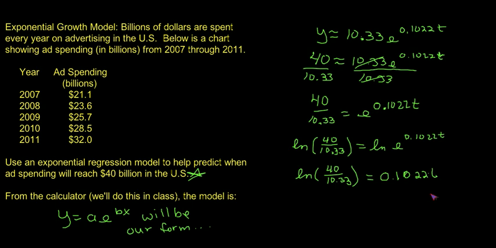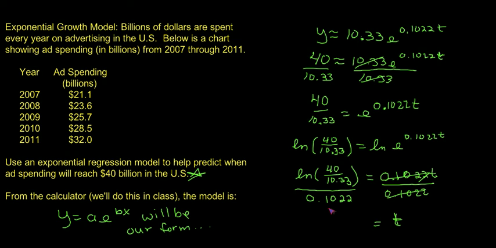Now one more step, just to get the t by itself, we're going to divide by our decimal here, 0.1022, and we're going to do that on both sides. So again, this side, pretty simple, just cancels out, and then we're just going to hit up the calculator to get our solution. So we're going to find the natural log of this fraction. Again, be careful to put that in parentheses in your calculator, because the calculator will mess it up for you.